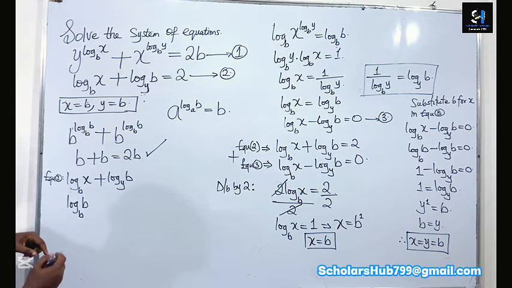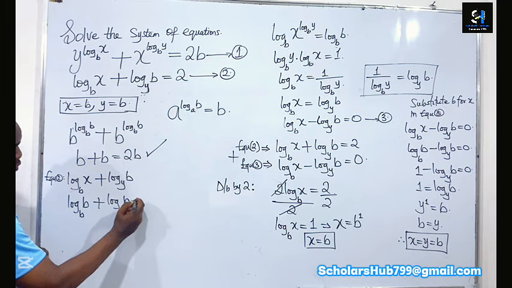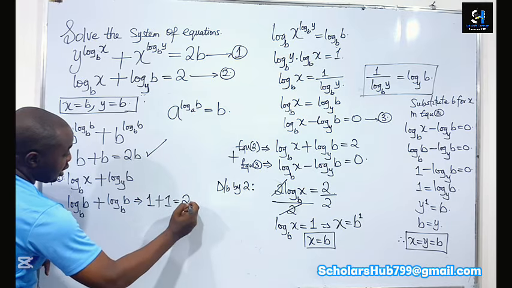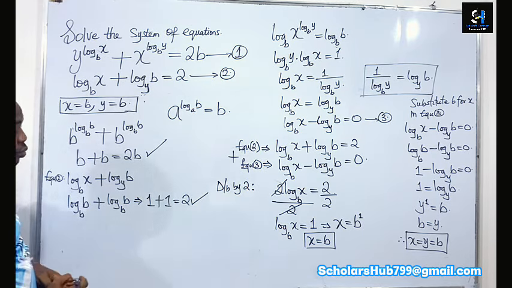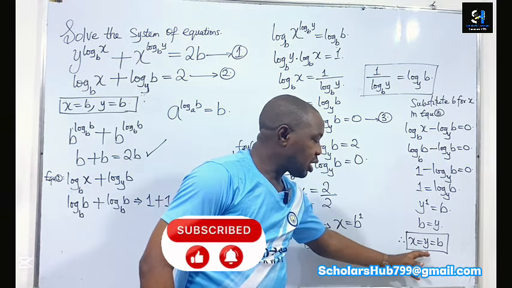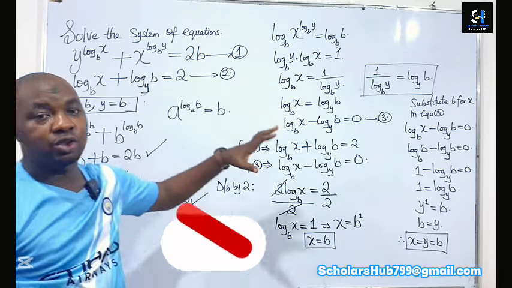So we have x to be equal to b, then plus log base b of b. So this is 1 plus 1, and we have 2. Which means the values of x and y which satisfy the system of equations is b.